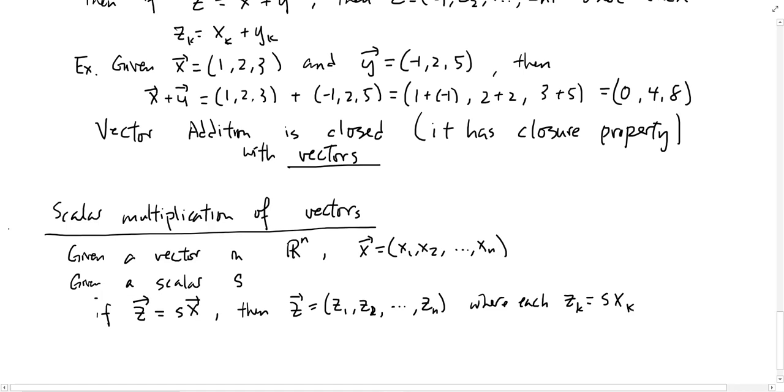It's a very fancy way to explain a very simple concept. This is saying that if you take a vector and multiply it by a scalar, a number in front of it, or behind it, it doesn't matter.